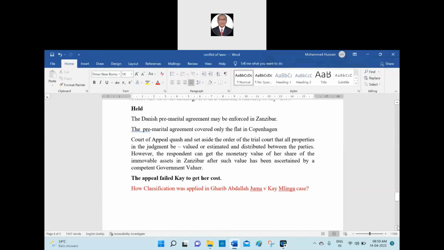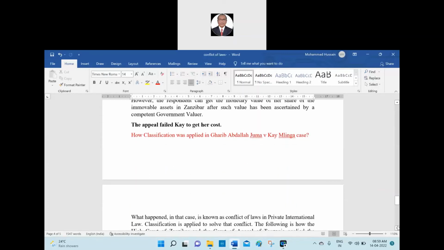However, the respondent can get the monetary value of her share of the immovable assets in Zanzibar once such value has been ascertained by a competent government valuer. So she will be entitled to some of the portions in Zanzibar. The appeal failed and she was to get her costs.